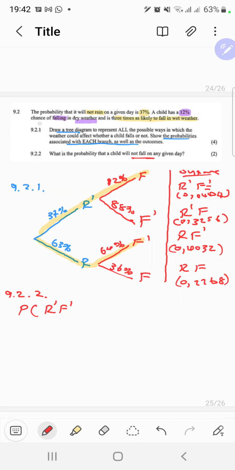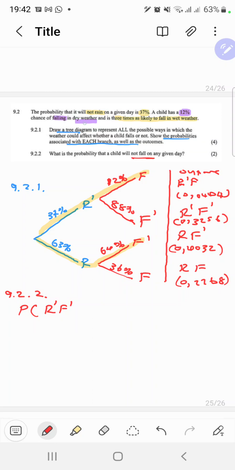So 12% chance of falling in dry weather. So that is falling, not falling. So this is the story right here. So this is now dry weather and falling. Okay, so that is sorted.